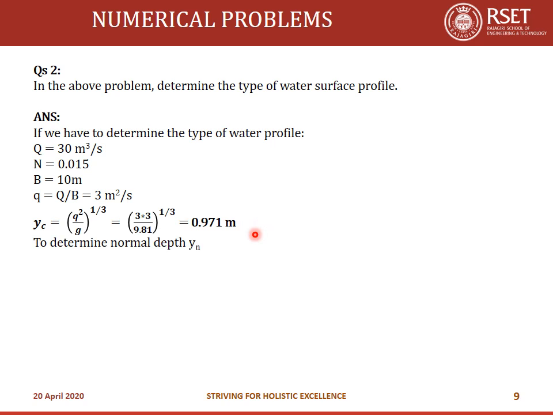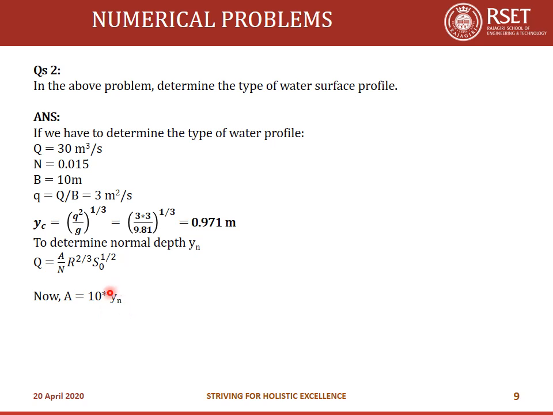If I wanted to determine normal depth Yn, I will use Manning's equation, which is Q is equal to A by n R raised to 2 by 3 S naught raised to 1 by 2. So for normal depth Yn, the slope involved would be S naught. And so I'm going to write area, wetted perimeter, etc. in terms of normal depth.